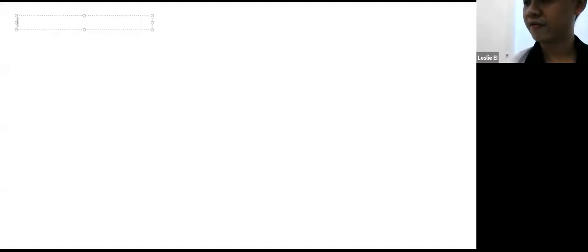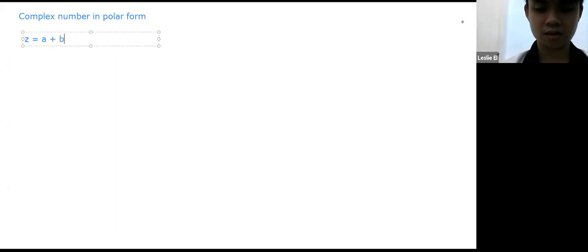So now I go with complex number, but today we're going to discuss complex number in polar form. Usually in the previous discussion, you have z equals a plus bi.